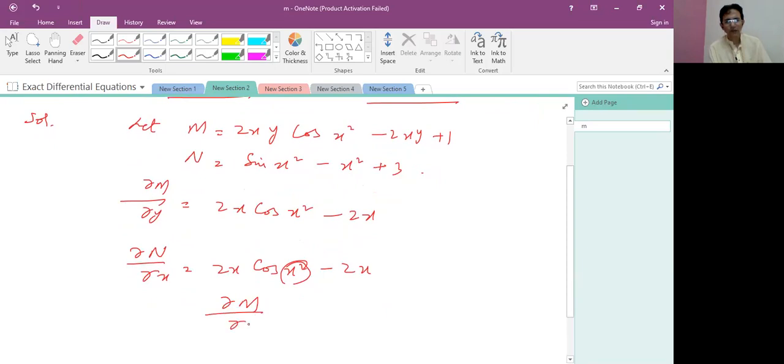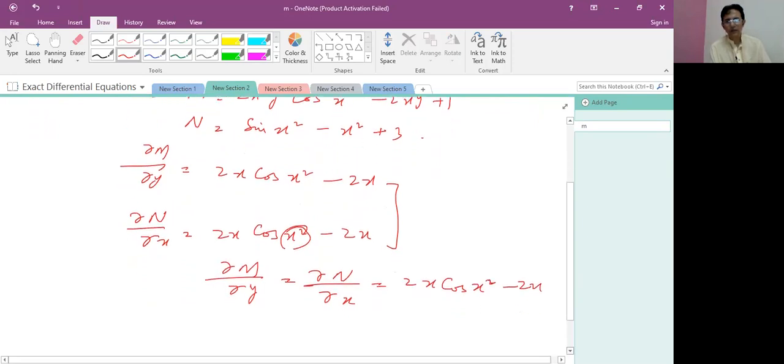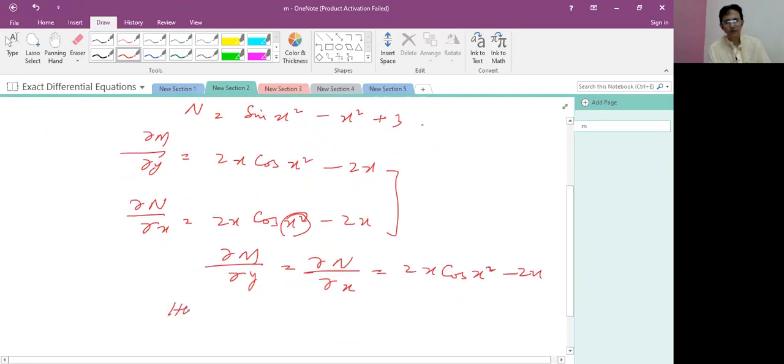∂m/∂y is equal to ∂n/∂x. Because they are the same, student, it means the given differential equation is exact, it is an exact form.